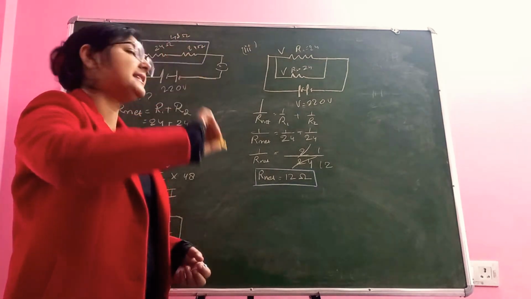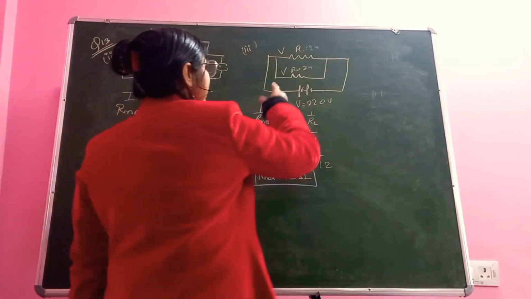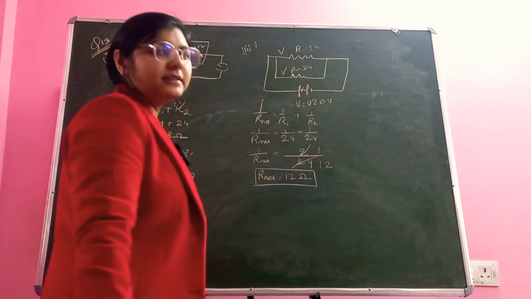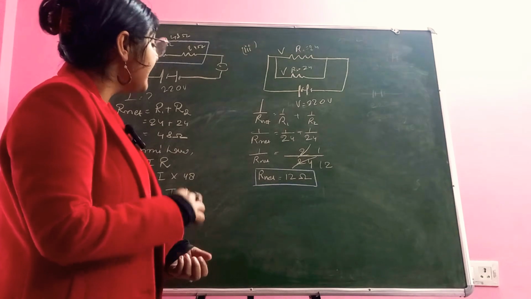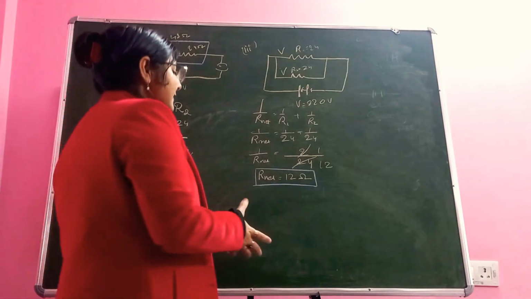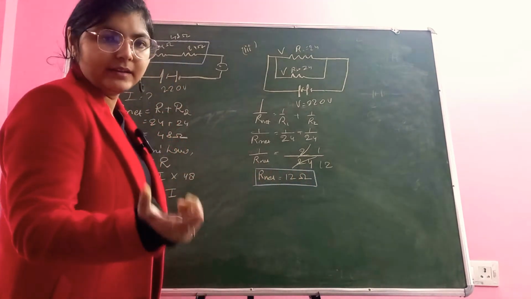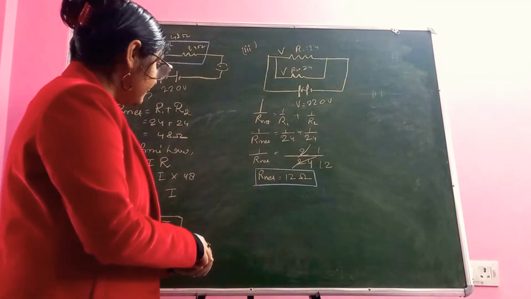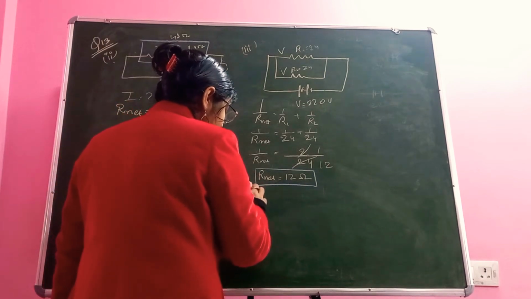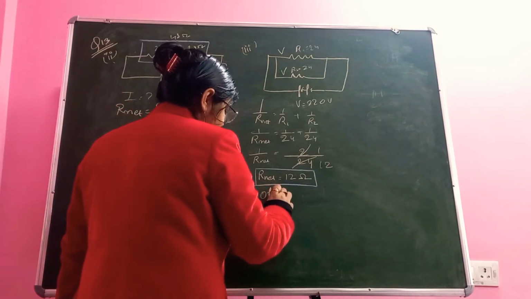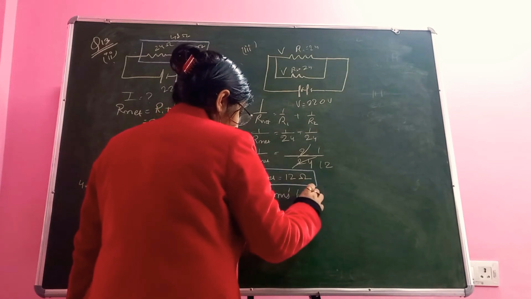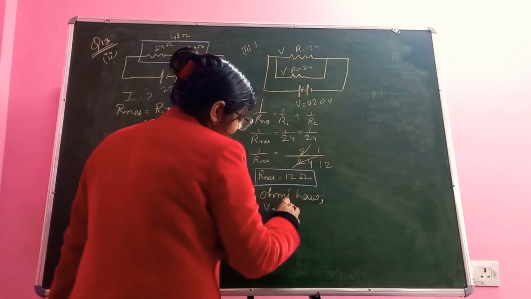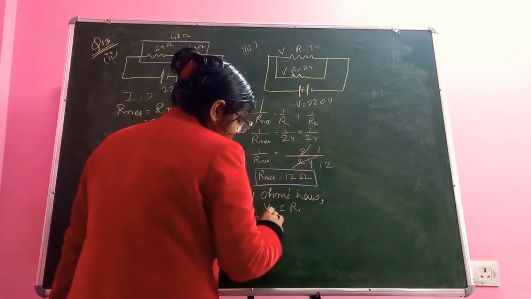V always remains same, which means we can calculate a separate I for this and a separate I for this, and then उसके बाद हम टोटल I कर देंगे. या फिर आप क्या कर सकते हैं, आर नेट तो आपके पास आ ही चुका है, राइट? टोटल V आपके पास है ही, तो देरी किस बात की, आई निकाल दो. So by Ohm's law, हमें टोटल करंट ही तो चाहिए ना, हमें थोड़ी कुछ और चाहिए. By Ohm's law V is equal to IR. V is 220.